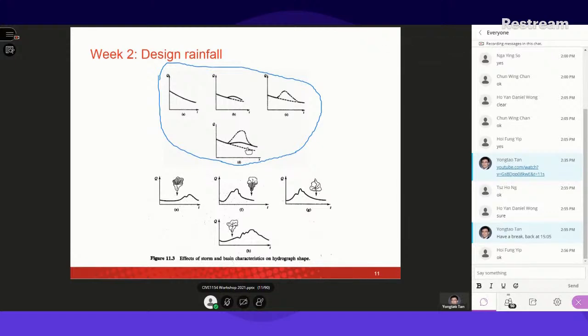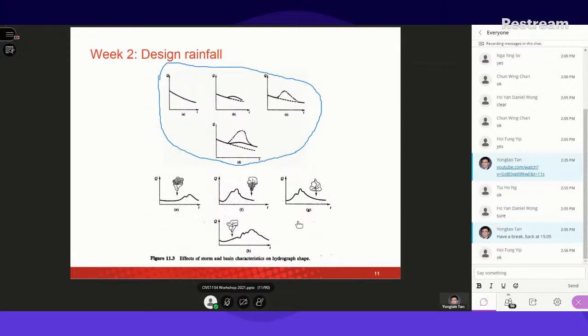The catchment or basin characteristics also have an impact on the hydrograph shape, such as the catchment area, the catchment slope and stream slope, the natural storage, and also the geology. So E, F, G, H.